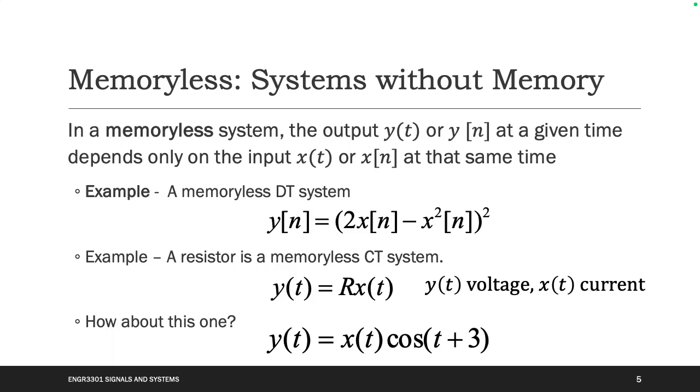Then the last one is stable. What is stable? Bounded input results in bounded output. Otherwise, if a bounded input gives non-bounded output, it will not be stable. If it is non-bounded input and non-bounded output, it is definitely not stable. That makes sense to you?